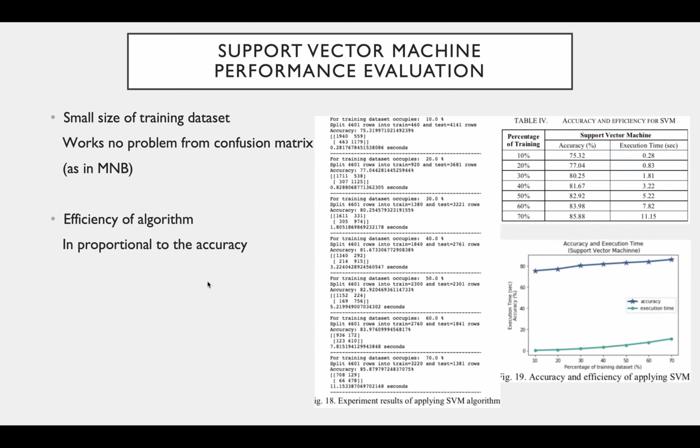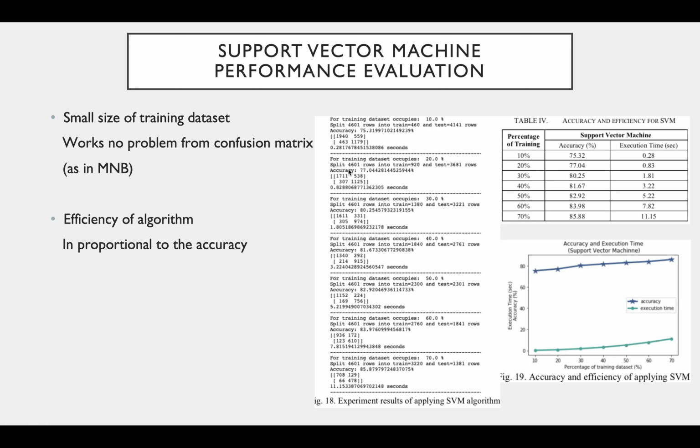And then the performance evaluation of the support vector machine. Small training data set size works with no problem for confusion matrices. As we can see in figure 18, we don't have those problems that occur in the naive Bayes classifier, which has zero values in one column.